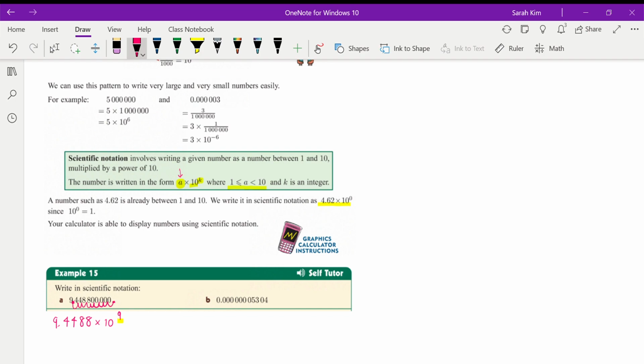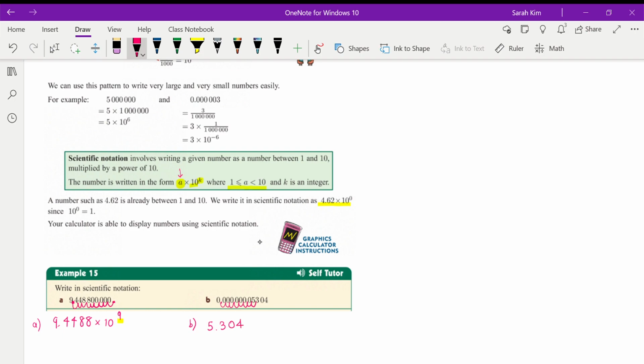That's how I like to do it as well. All right, let's try B. Again, locate your decimal and jump it until you find a number between 1 and 10. 1, 2, 3, 4, 5, 6, 7, and one more because it's 0.5, so 8. My answer is going to be 5.304. I moved my decimal point to 5.